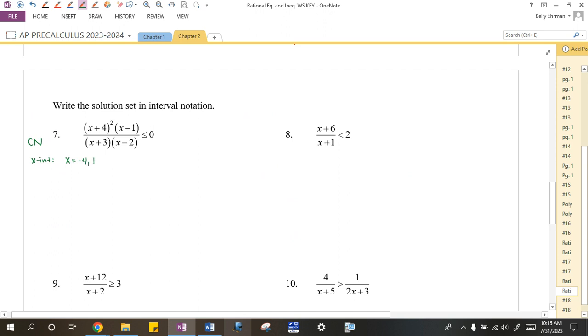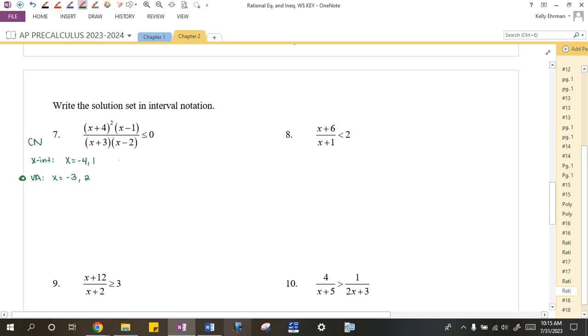This one's factored out nicely for me. And which ones would be vertical asymptotes, or values that came from the denominator. Because remember, when you're plotting on a number line, you plot open circles for vertical asymptotes and then closed or open for x-intercepts, depending on if the inequality is equal to 0 or not.